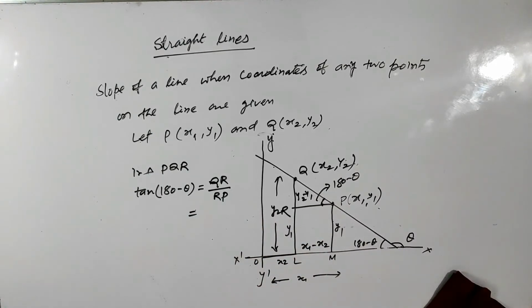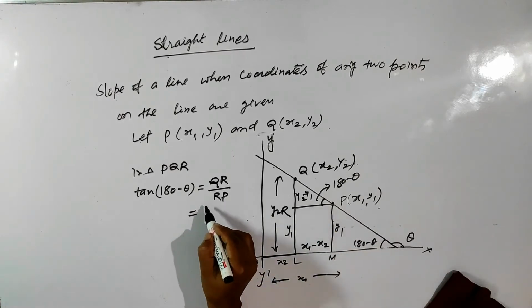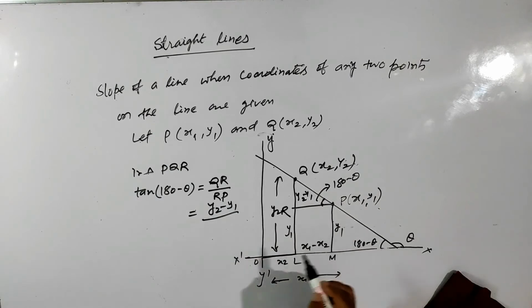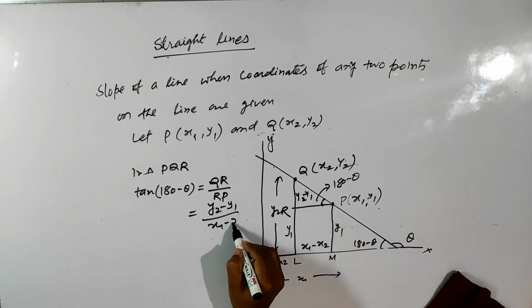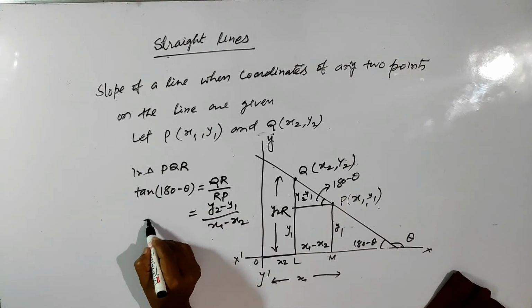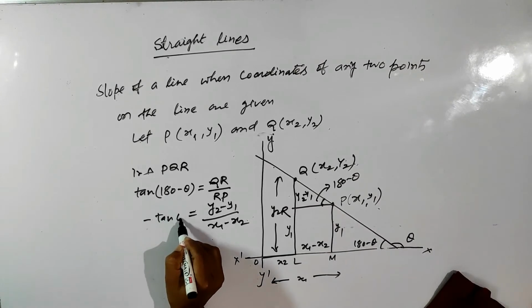QR is y2 minus y1 upon x1 minus x2. Tan 180 minus theta is minus tan theta.